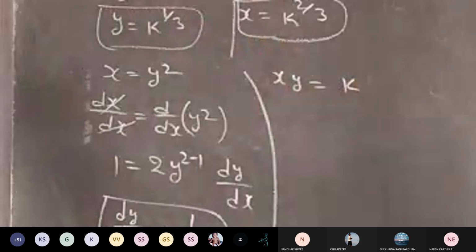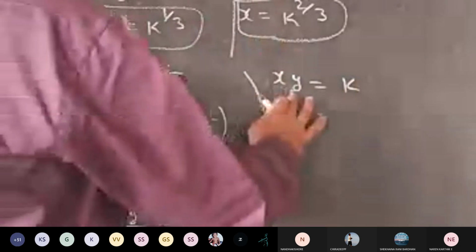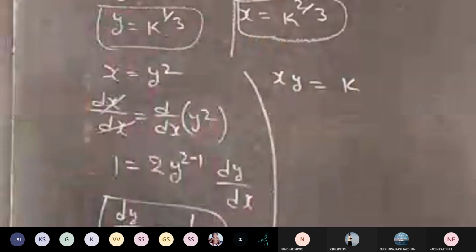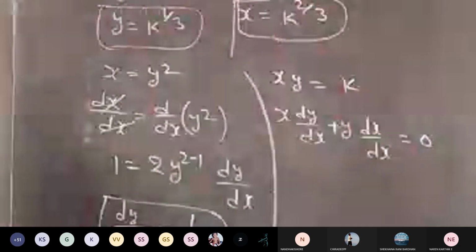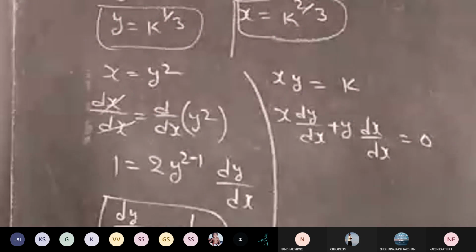Next, xy is equal to k. Here also differentiate both sides. Here what formula can apply? UV formula can apply. UV formula means x into dy by dx plus y into dx by dx is equal to k, which is a constant, so value 0.